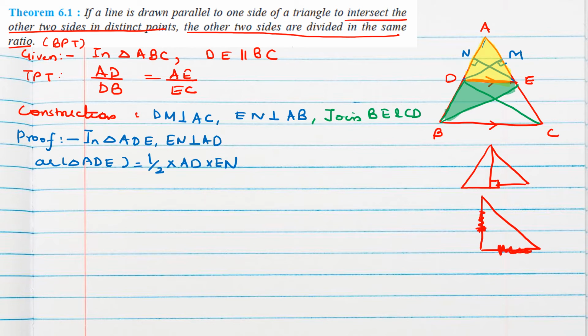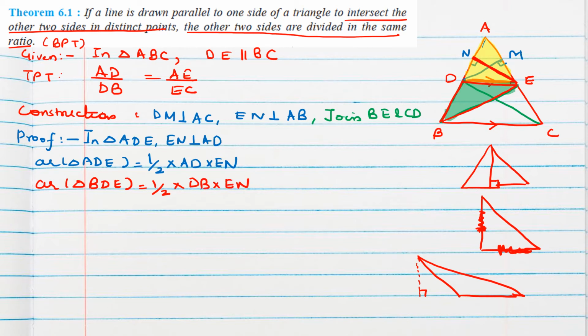But for an obtuse angle triangle, means one angle is obtuse, the height will be outside the triangle. This point you should remember. So here our BDE triangle is an obtuse triangle, and the height is the same, that is EN. So area of triangle BDE is half, base is DB and height is the same, EN.